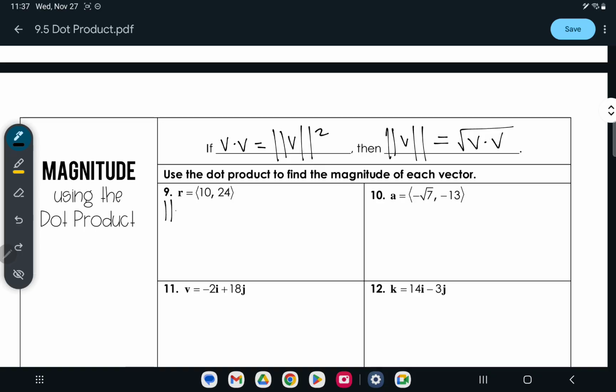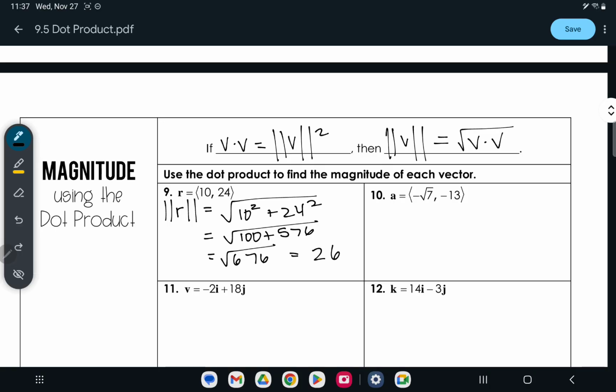So magnitude of R, that's the square root of the components squared, so that's going to give me 26.